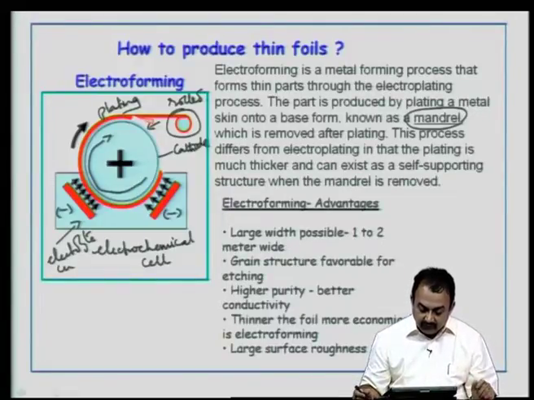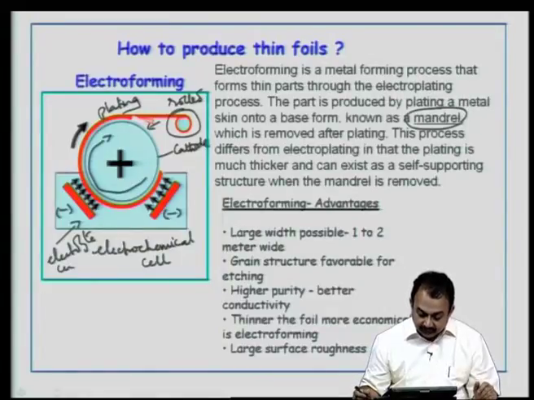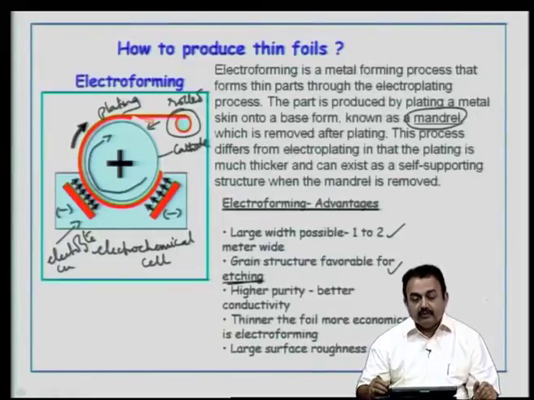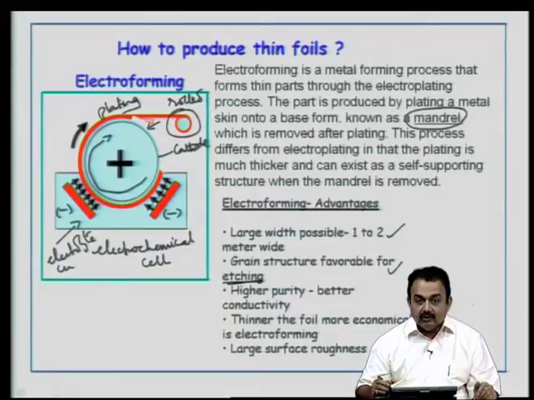So, in electroforming the advantages are large width of the material to be plated is possible, like 1 to 2 meters, and continuous roll structures are possible. Grain structure during plating is favorable for the etching process, because as you know, when we do the etching process in PCB manufacturing, etching is a very essential requirement. You can't avoid etching, but at the same time etching has to be perfect.